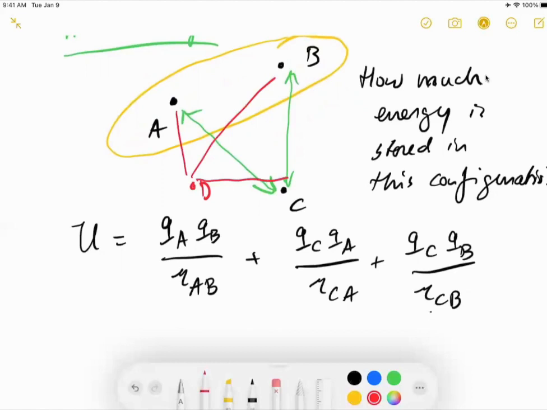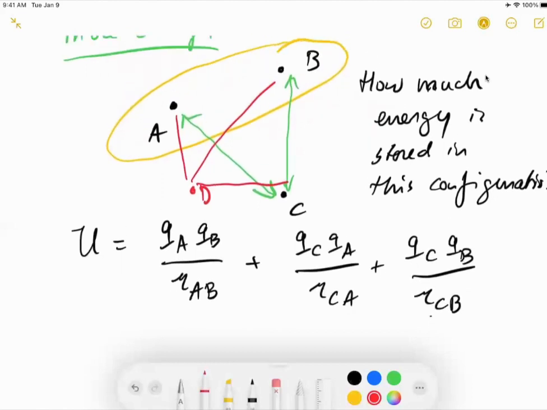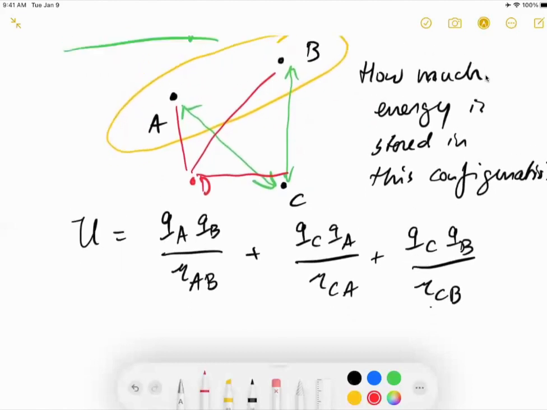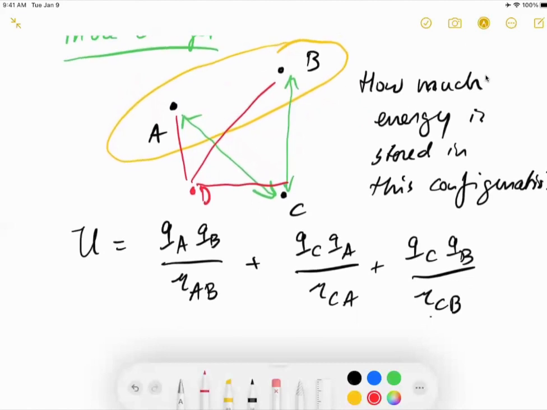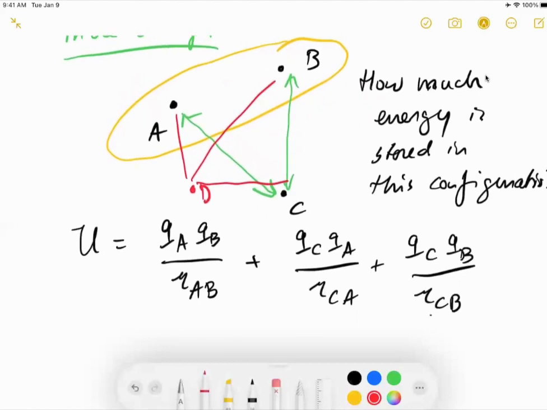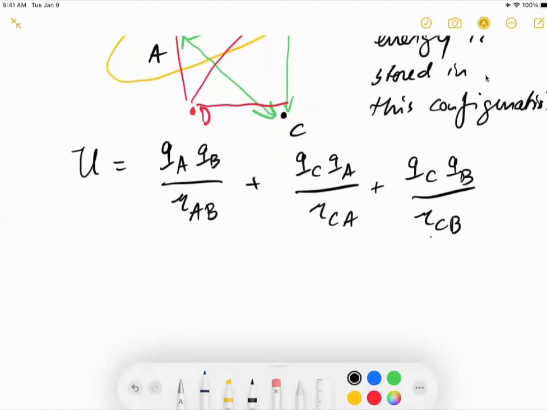So we can build our problem out of the pairwise interactions between the particles, because in the end we will have just a sum over all the pairs. We started with the pair AB that gave us one term, then we added C to it that gave us two pairs, A, C and B, C, and then we add the third one, that's another three pairs.